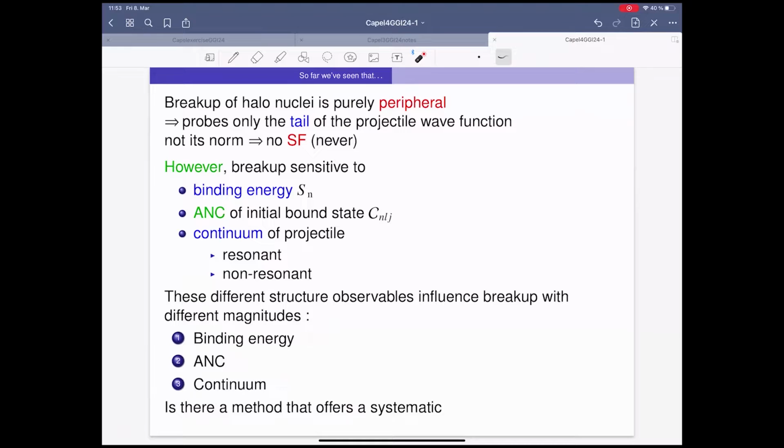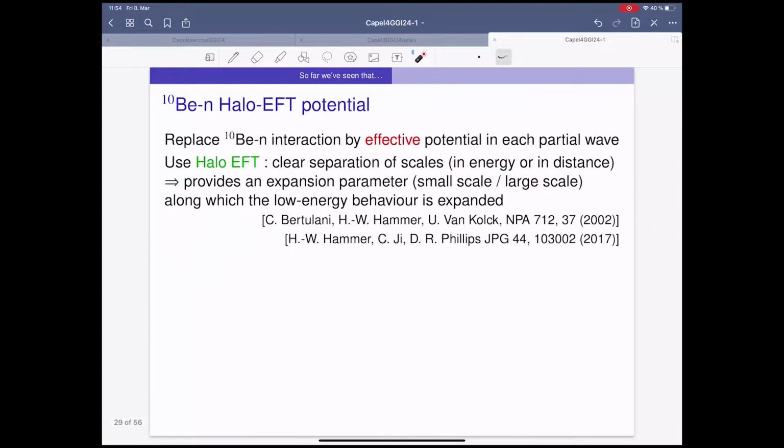So if only there were a nuclear structure model that could account for that sort of systematic in the expansion. And fortunately, there is one, and it's halo EFT. So this is a work that has been started by Carlos Bertulani, Hans-Werner Hammer, and Thomas Mehen at the beginning of the century.